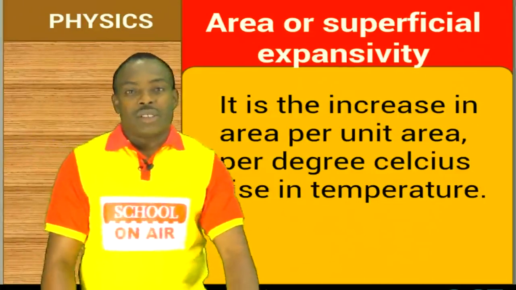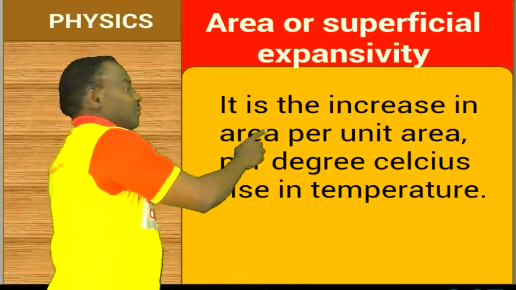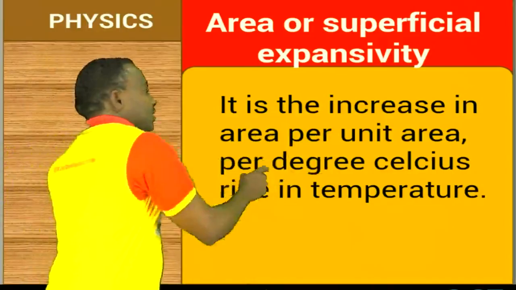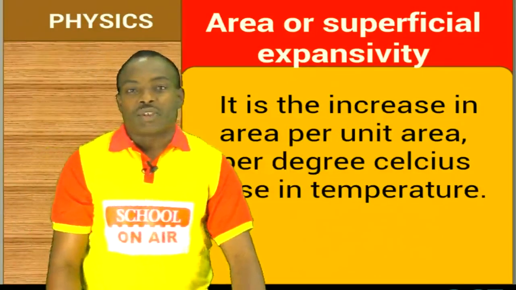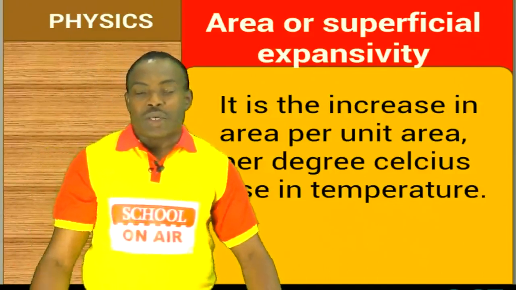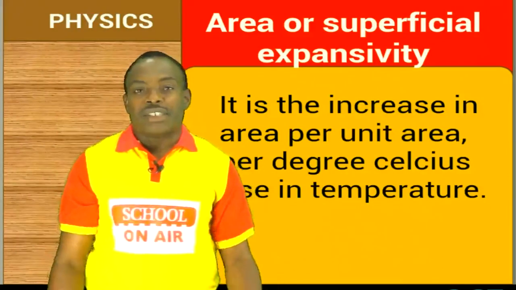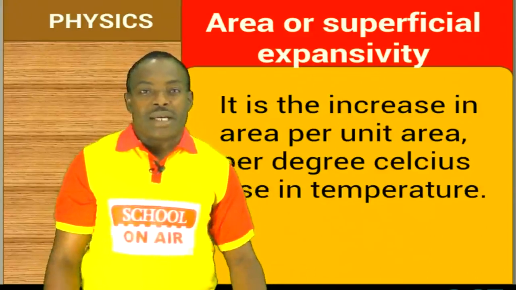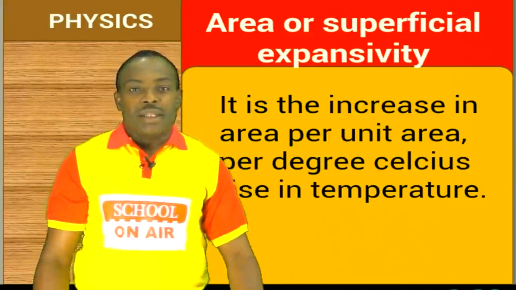When we're talking about area expansivity, it is the increase in area per unit area per degree Celsius rise in temperature. This is a little bit related to the previous discussion on linear expansivity, where we spoke about the expansion in the length. But in this case, we are talking about the expansion in the area. When you're talking about the area of a material, you are considering both the length and the breadth involved.